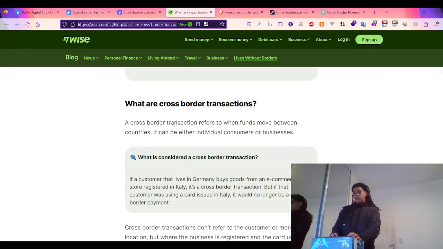Exactly. So a cross-border transaction refers to when funds move between countries.